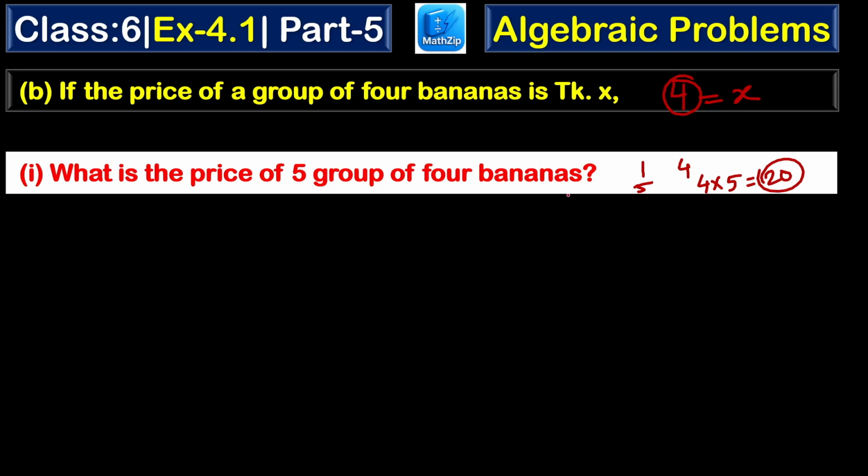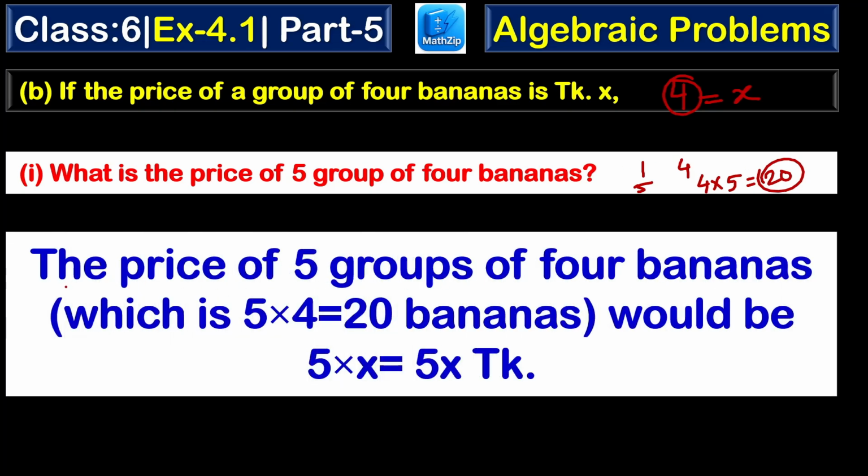So what should the price of 20 bananas be? 4 bananas means X, which is 1 group. So 5 groups is 5 times X, which is 5x.